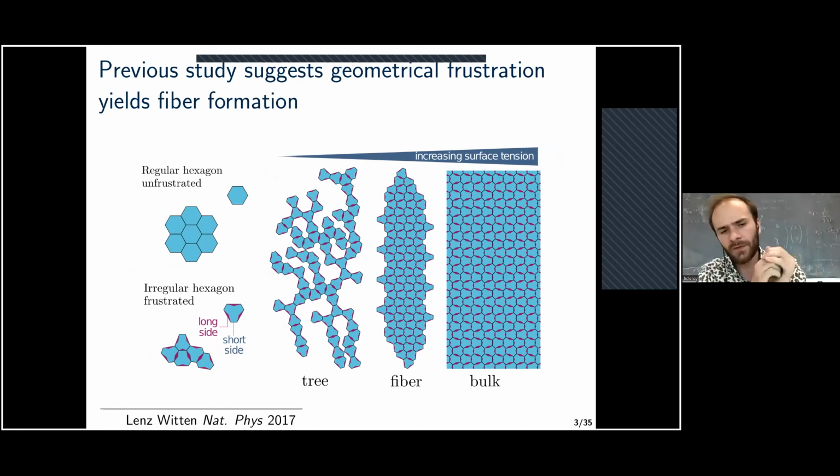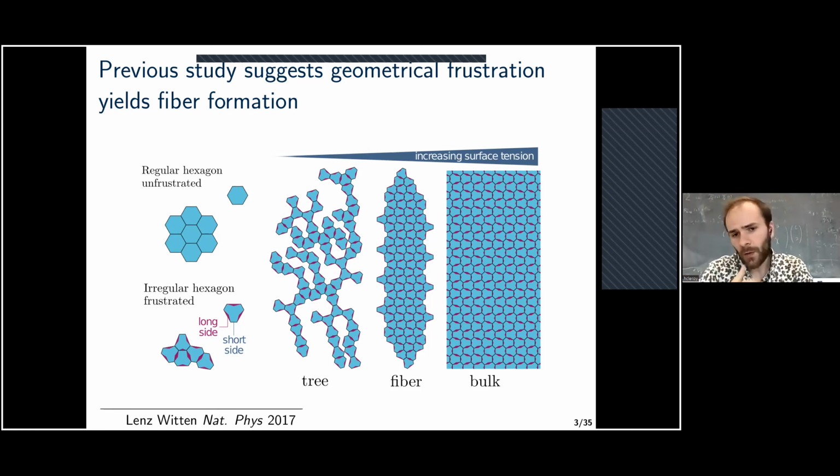You can see on the left-hand side a regular hexagon, which is a shape that can completely tile the plane, and you must imagine that it is a very special case. Most shapes do not tile the plane nicely like a regular hexagon, and most shapes are like this irregular hexagon, which has a long side and a short side. If you try to tightly pack all of these hexagons, at some point you will have to match the long side with a short side, and that requires deforming the aggregates once again.